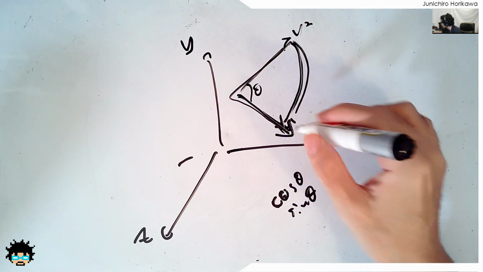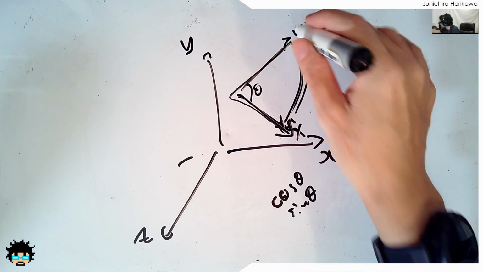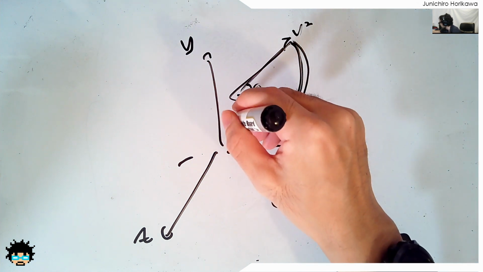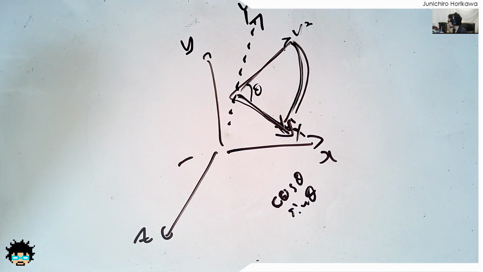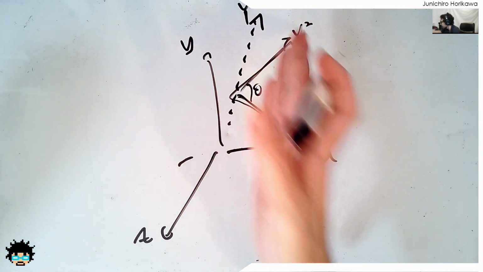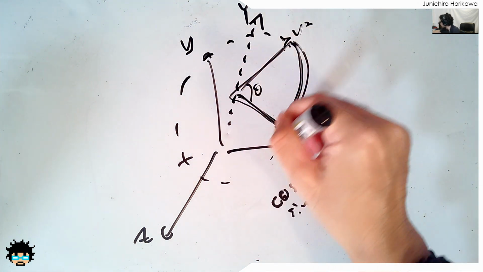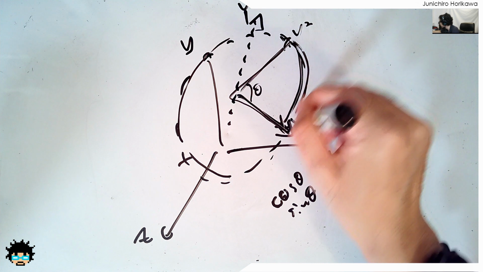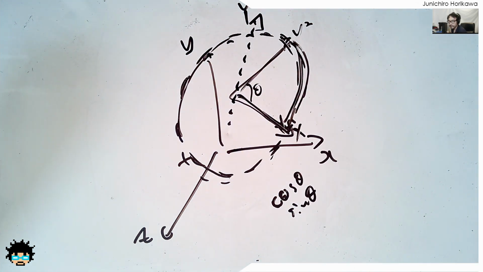So say this v1 becomes a virtual x-axis, and there's also a virtual y-axis somewhere around here. And this v2 is on top of this virtual xy plane, and there's a virtual circle which can be drawn on top of this virtual plane. Now it starts to become more understandable.